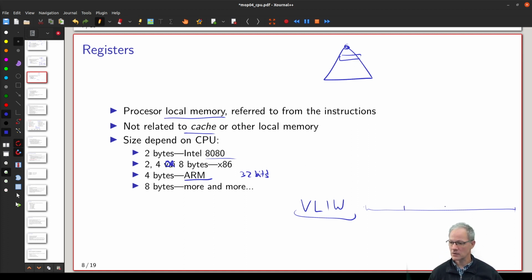You could fit, I don't know, 4 numbers in one register, and then you could do some operations in parallel on this register with some other register that's just as large, right? So that's what you do with very large instruction word architectures. When you have a lot of data that needs to be processed in parallel, for example, multimedia data. A picture has a lot of pixels. For each pixel, you need to do the same thing, perhaps, right? So then these kinds of architectures are useful.